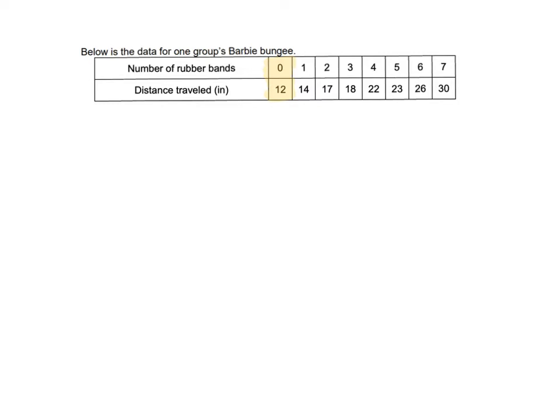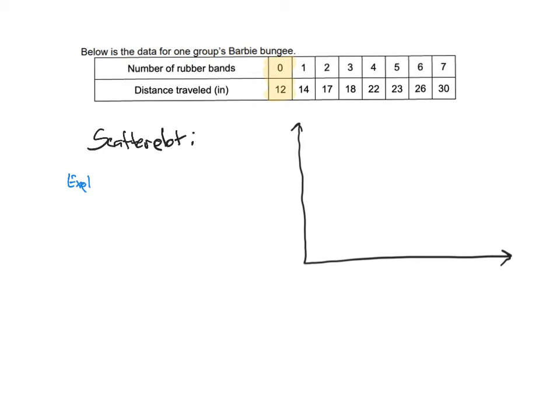It is a display of two quantitative variables. So the way it's going to look is it's going to have like an XY axis. And what we need to do is figure out what we call the explanatory versus the response variable.